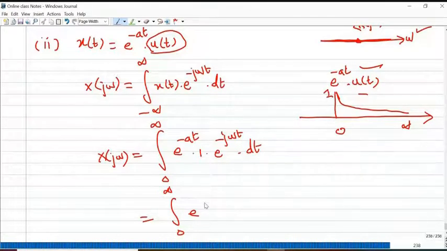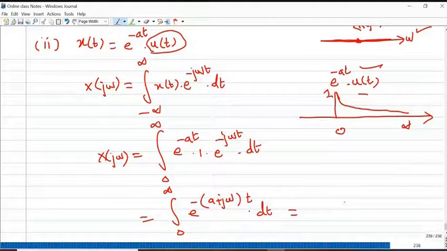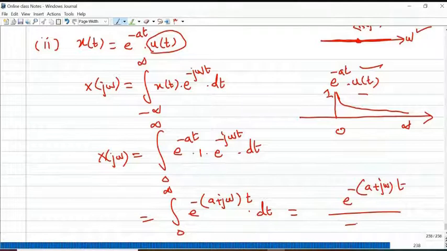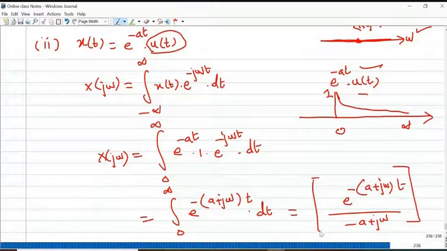If we take minus t common outside, you will get a plus j omega into t. So the integration of e power minus (a plus j omega) t is divided by minus (a plus j omega). Substitute the limit 0 to infinity.